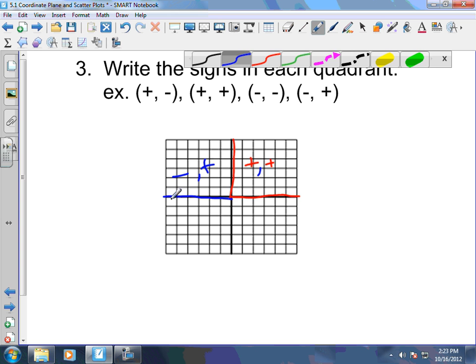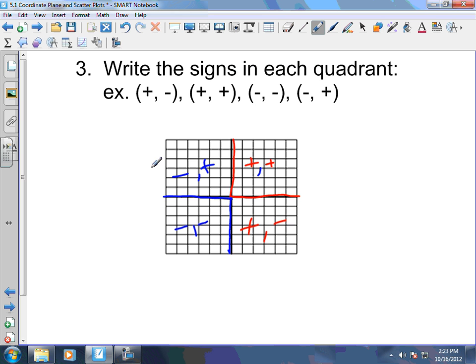The x value over here is negative, and the y value here is negative, so this is negative, negative. And then we have the x value as positive, the y value is negative, so this is positive, negative. Those are your quadrants. And again, this is quadrant 1, 2, 3, 4.